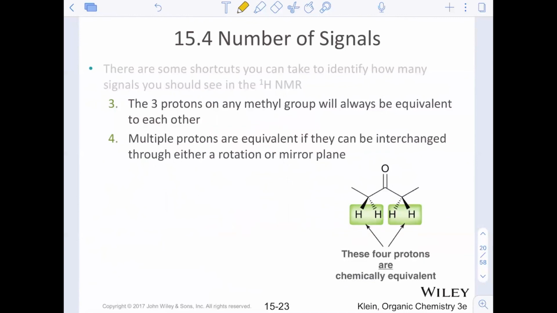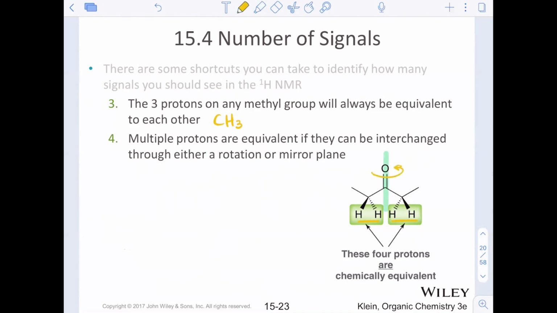If there are 3 protons on any methyl group, they will always be equivalent to each other. We're talking about CH3 groups, always going to be equivalent. You don't even have to do the replacement test. Last shortcut, multiple protons can be equivalent if they can be interchanged through rotation or a mirror plane, right? So these CH2 groups over here in this ketone, there is a rotation of symmetry right here.